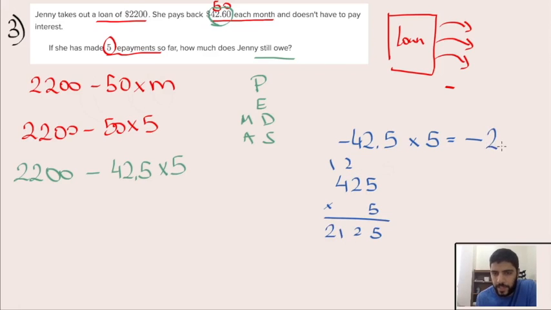So our answer is negative 212.5. And I put the decimal point here because we had one decimal place here. Okay, so negative 212.5 is what we have. This is after 5 months. So just so we can label it, this is money paid back after 5 months.